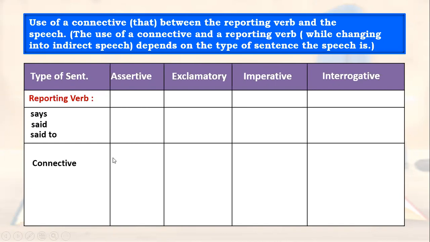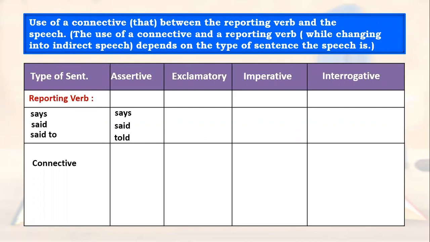So let's start. Here we come with says, said, and said to. What if we have says, said, or said to in the outside verb? In the assertive sentence, says remains says, said will remain said, but if we have said to, then we are supposed to change it into told.